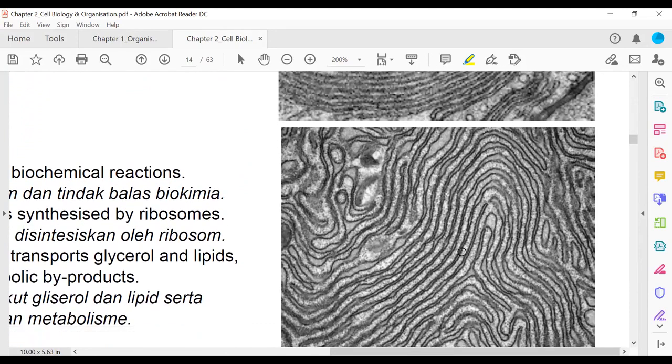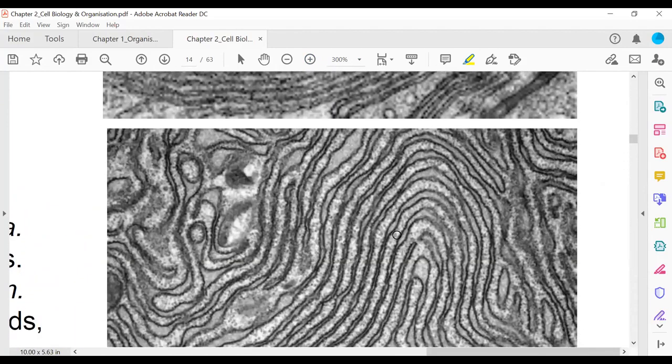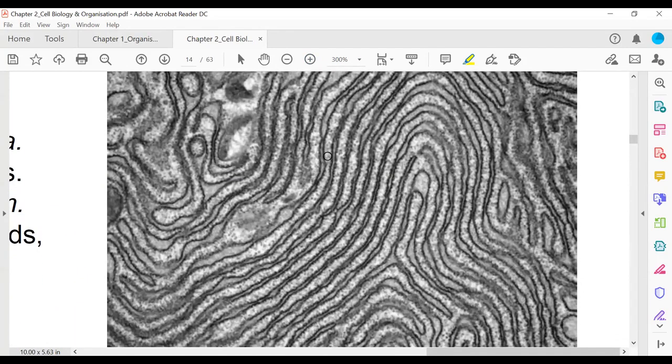You see, this is the, saya besarkan lagi. Okay, this is the system rongga ceper berlipat, interconnected folded flattened sac. This is the sac. Oh, dia besar sangat. Yang ni, look at my cursor.